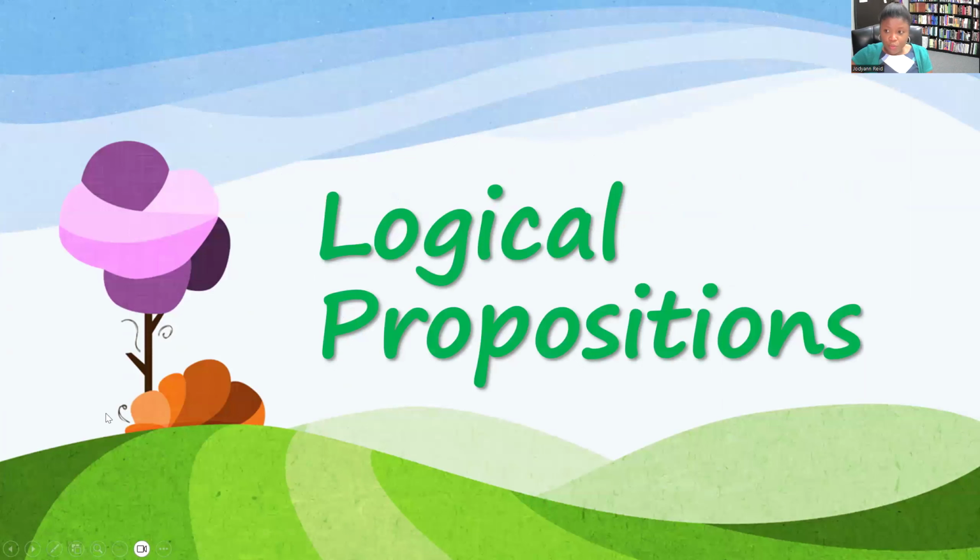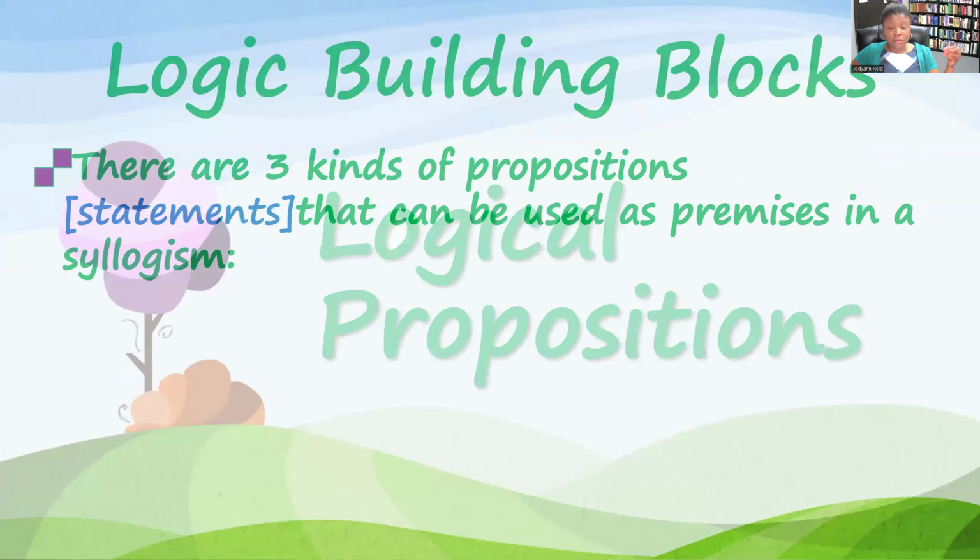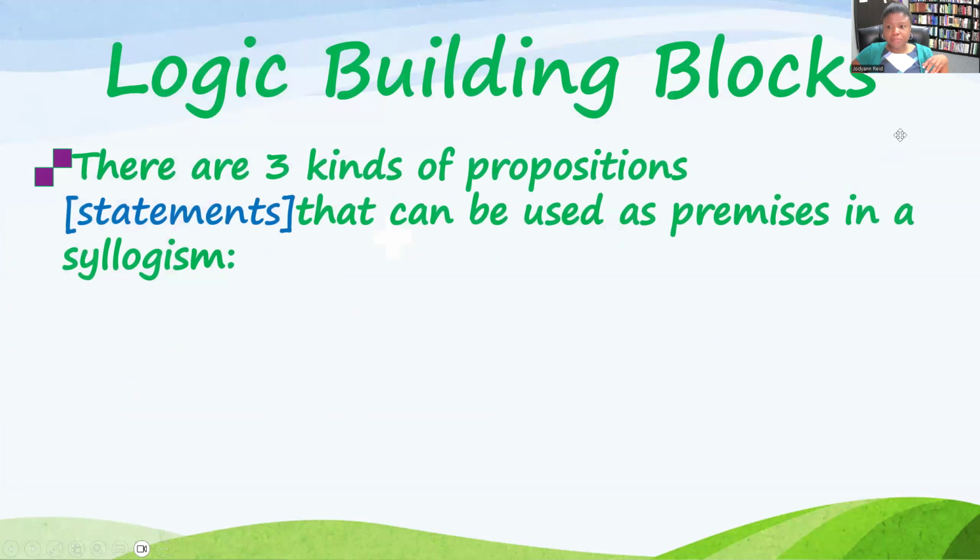We are going to move on to talking about logical propositions. Remember, we talked about arguments, right? And arguments are made up of propositions or statements. Remember, we can use those two words interchangeably, but now we're going to look to see how these propositions function so that we can actually use them. So there are three kinds of propositions that can be used in arguments.